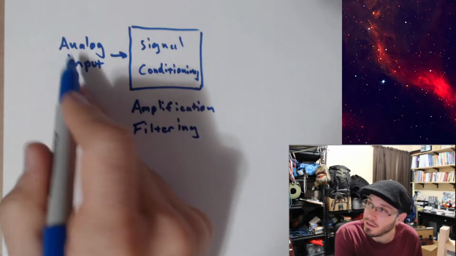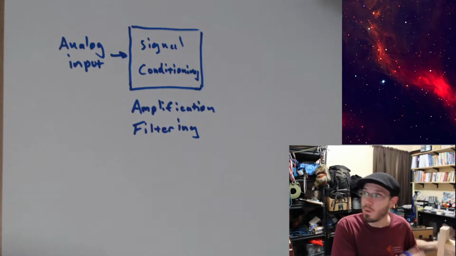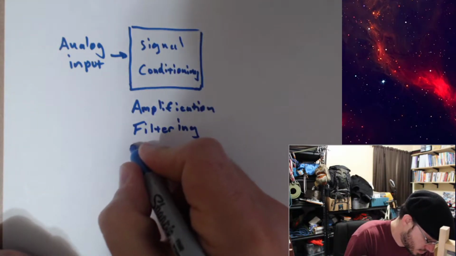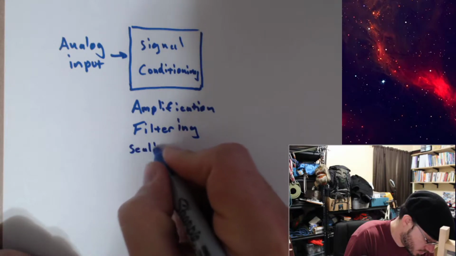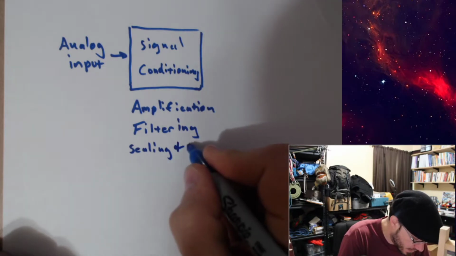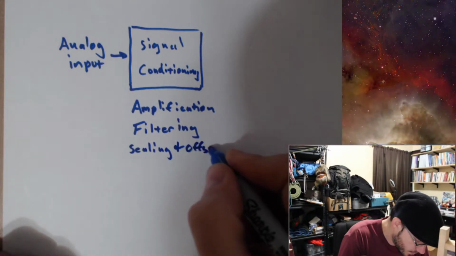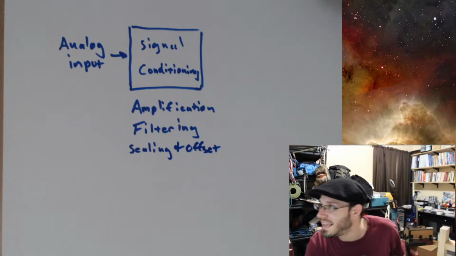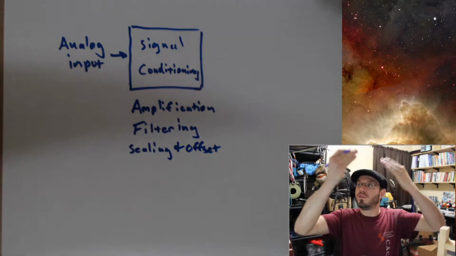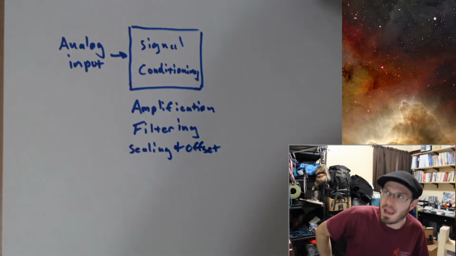Maybe all of our analog input is negative and we want to make it positive. So I'd refer to this as scaling and offset. We need to take our -1 to -2 volts and move it into the positive voltage range.